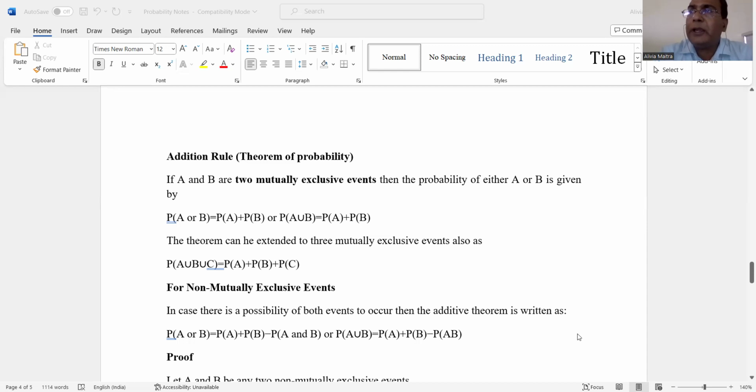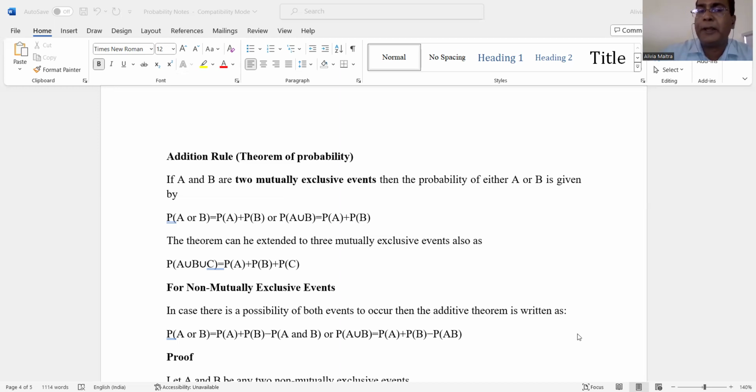In the addition rule, we have to describe the two possibilities for such events. In case one, we take two mutually exclusive events. Suppose the events are A and B. Then their union probability, P(A union B), shows the probability of event A or event B or both.